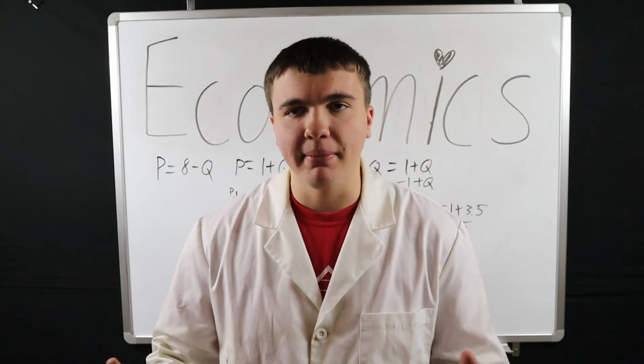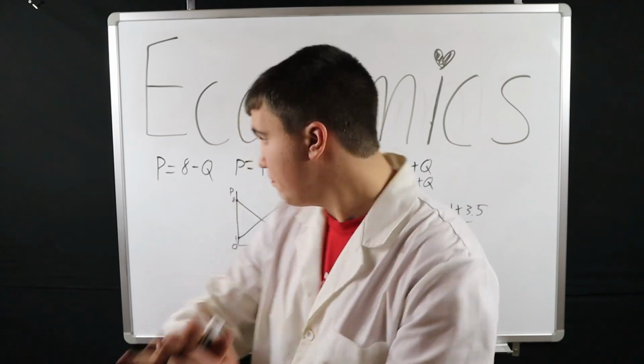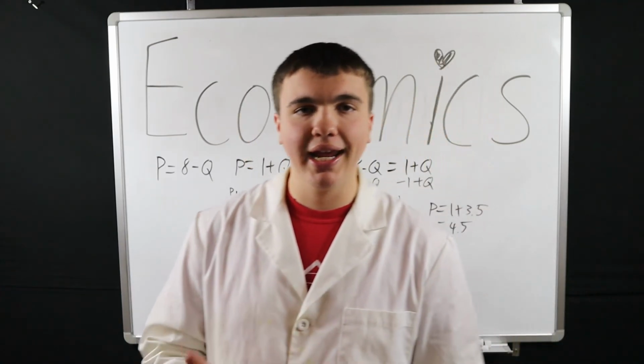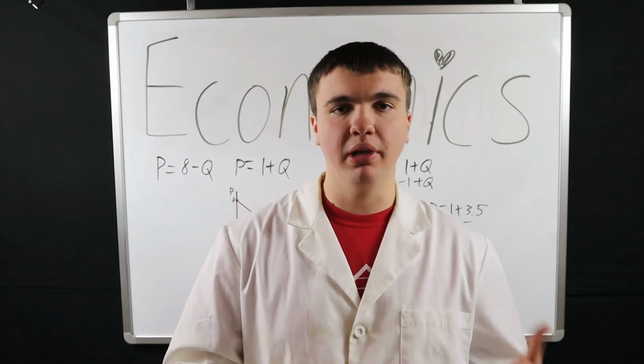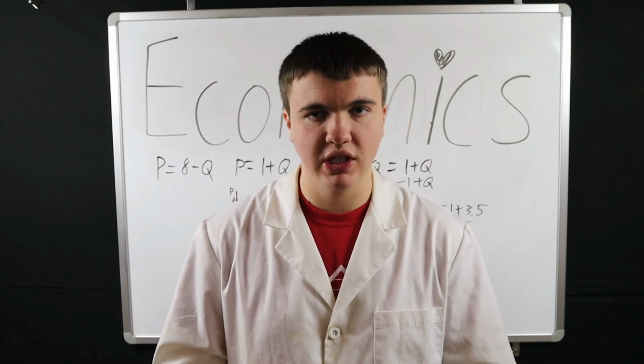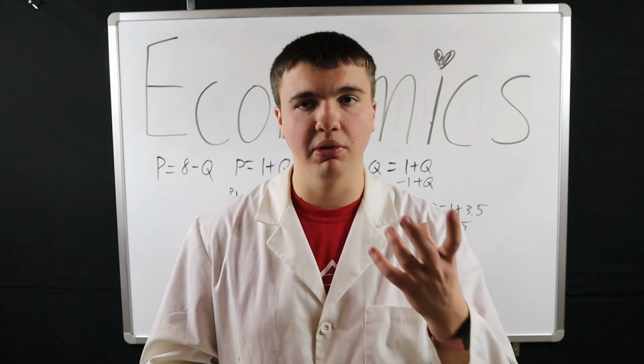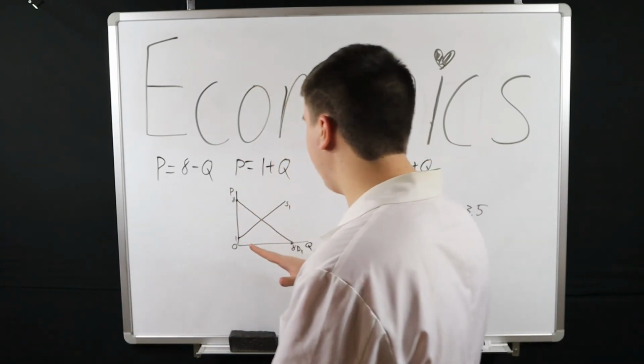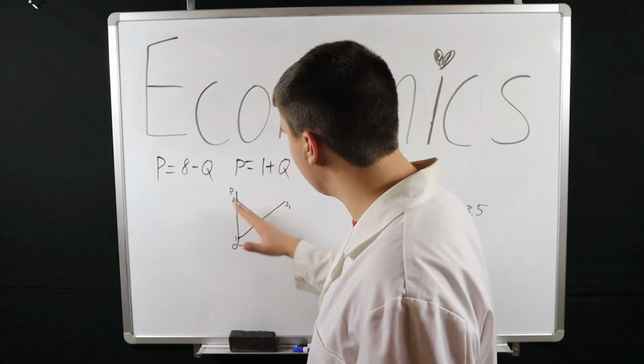Either equation should give the same answer. However, this point is not always constant. It changes, especially if the supply or demand curve shifts. A shift in the demand curve happens when the entire demand curve shifts left or right.